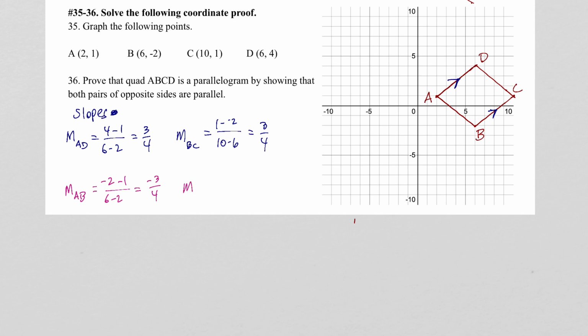And the slope of the opposite side of AB, which is CD, is 4 minus 1 over 6 minus 10, which is 3 over negative 4. And negative 3 over 4 and 3 over negative 4 are the same thing. So those are parallel, and I'm going to show that by doing this.